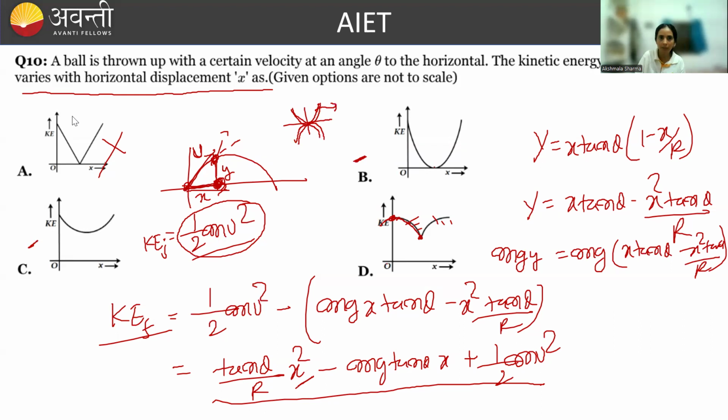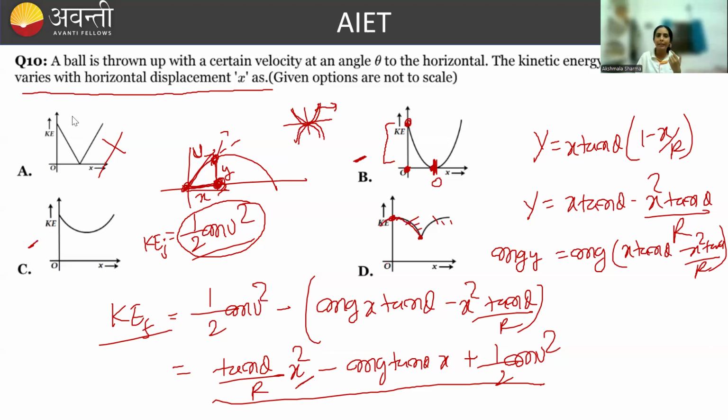If you check here, kinetic energy is 0 at a certain x. When x is 0, kinetic energy is maximum, and then it keeps decreasing and becomes 0 at a certain position.